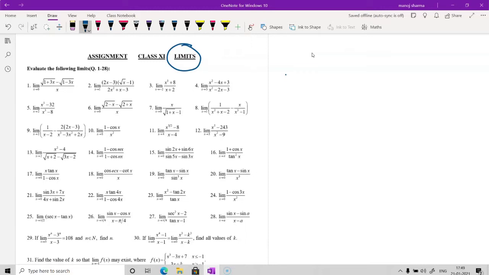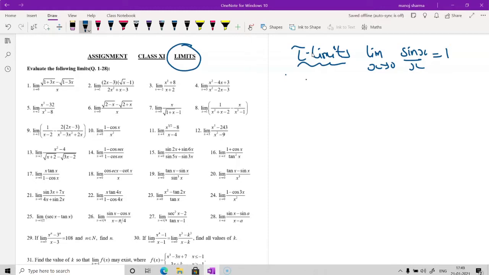This is the subtopic basically of the limits that is known as T limits, that is trigonometric limits, and the formulas involved are: limit x tends to 0 sin x upon x, which is 1.